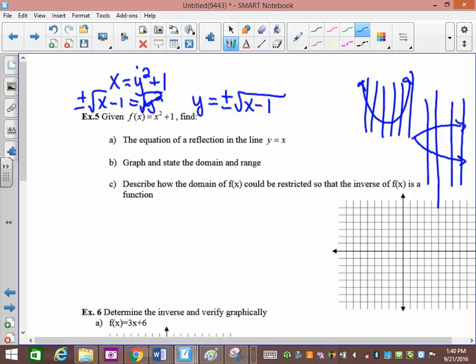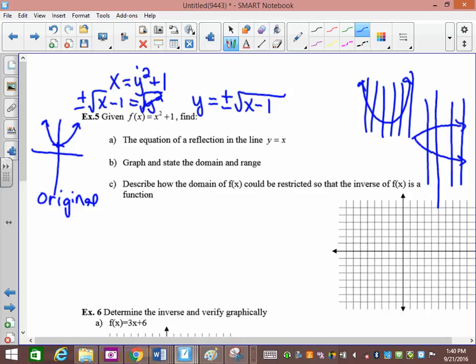Graph and state the domain and range of this. Will we have to actually find this equation in order to get the domain and range of the inverse? No. The original is just a parabola that's at positive 1 on the y-axis. So it goes like this. This is the original.